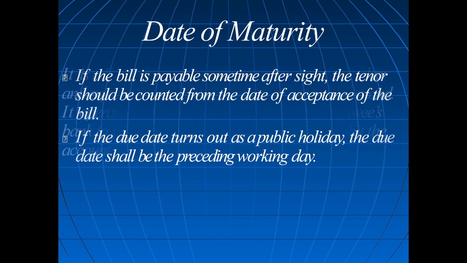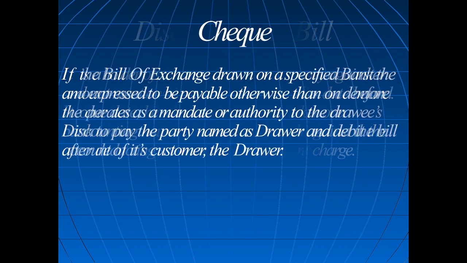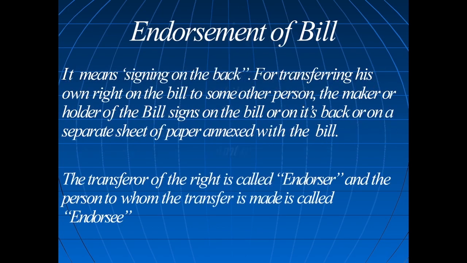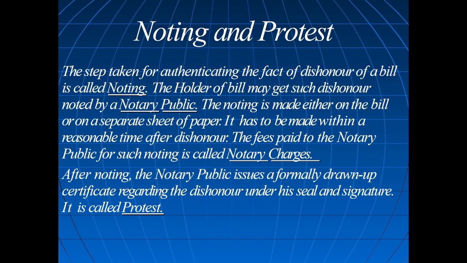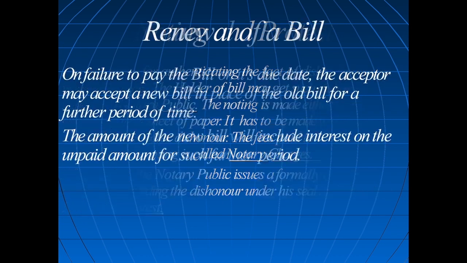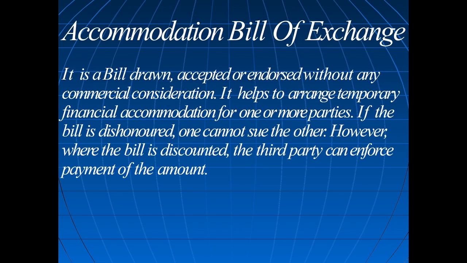The situations are: number 1, honor of the bill; number 2, discounting the bill; number 3, endorsement of the bill; number 4, dishonor of the bill, and dishonor and noting come in the same transaction; renewal of the bill, retiring of the bill, accommodation of the bill. For all these situations, you will find the journal entries in the textbook also. So you don't depend upon my slides for the journal entries.